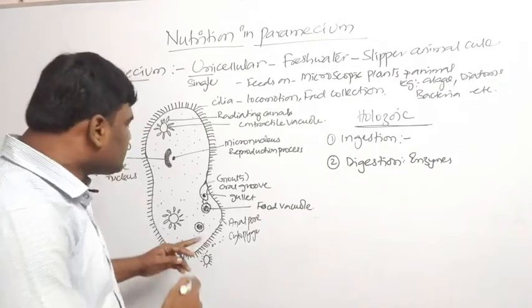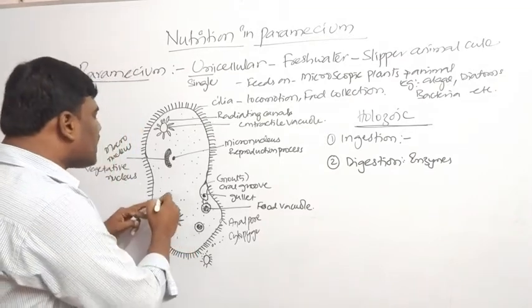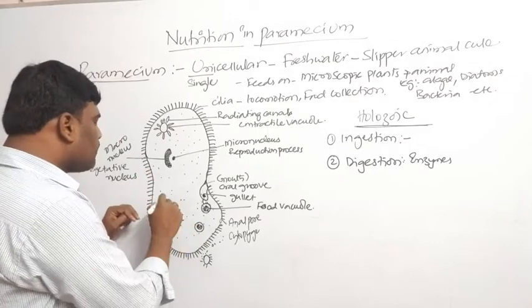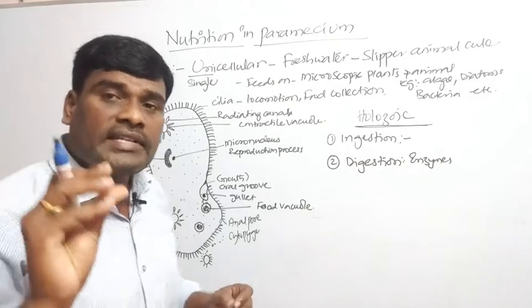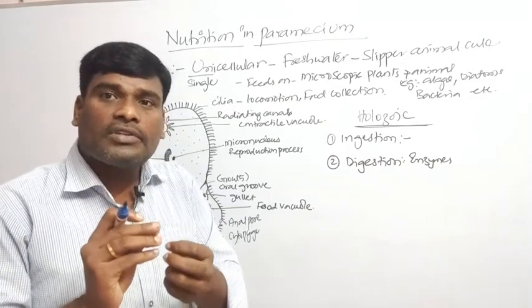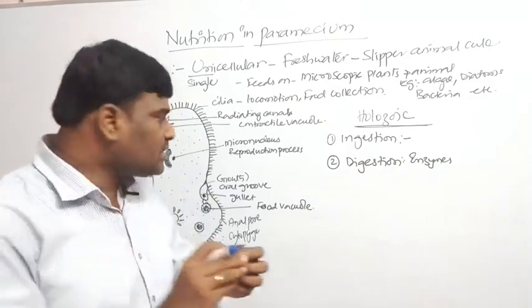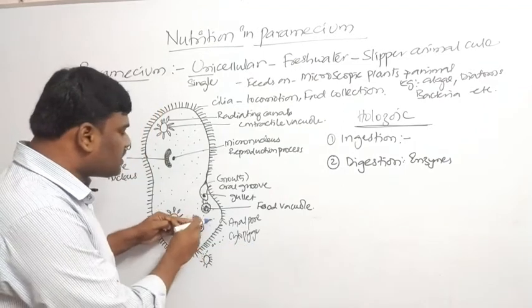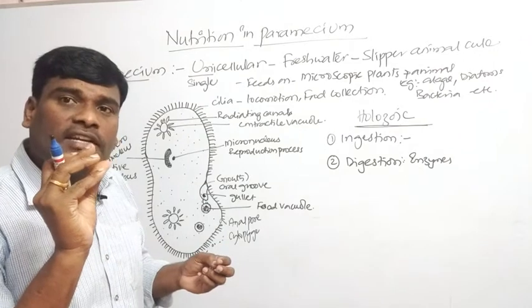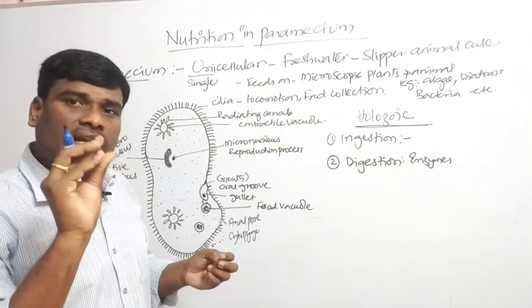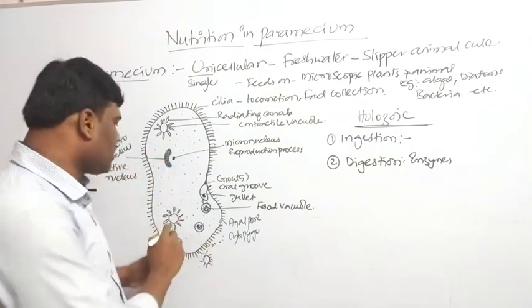As it is moving in the cytoplasm, the food vacuole shrinks. As the digested particles increase, the remaining material will be less. So the vacuole will shrink and contract.